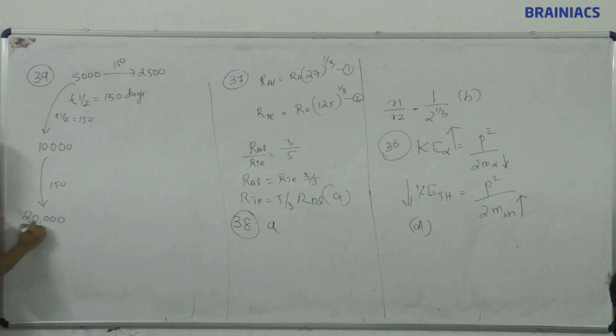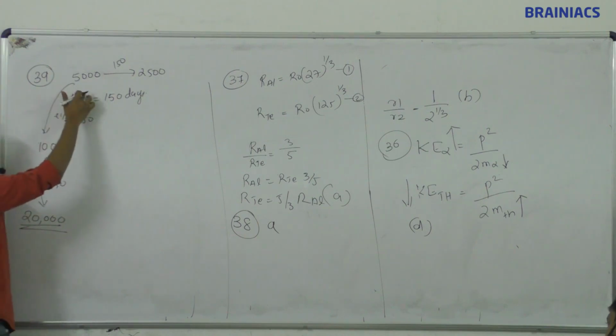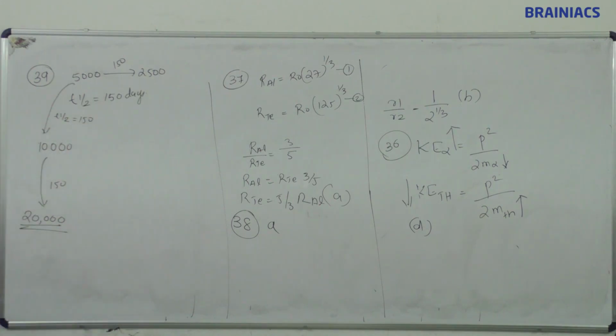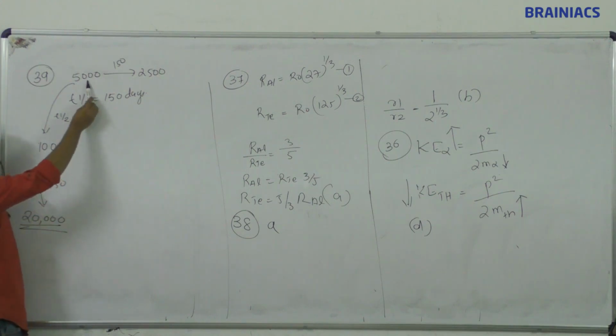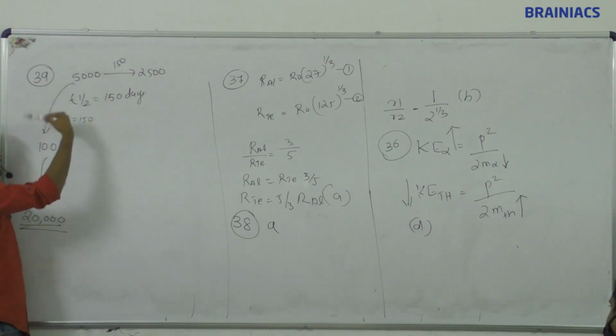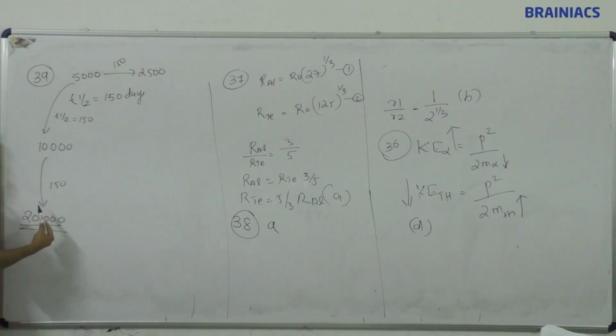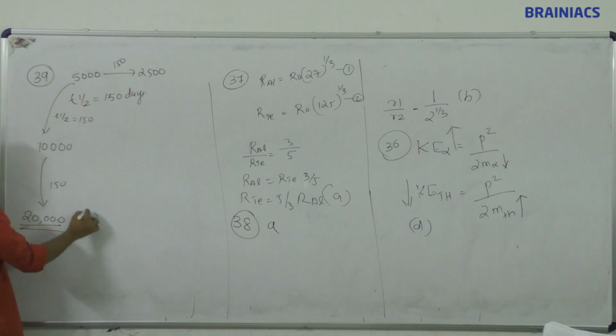So initial count becomes 20,000. Going forward from 20,000, the first 150 days gives 10,000, the next 150 gives 5,000. Backtracking one half life doubles it once, so two half lives doubles it two times. So the answer is 20,000, option A.